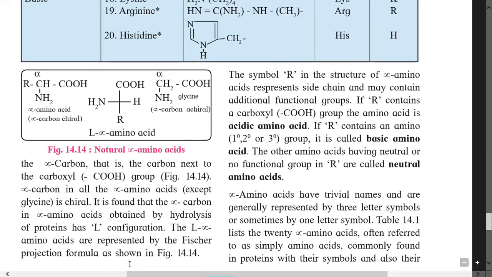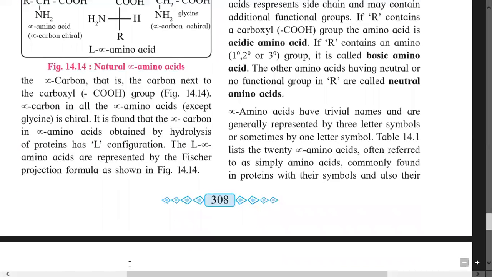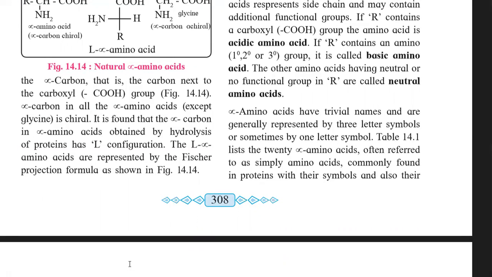The other amino acids having a neutral or no functional group in the R group are called neutral amino acids.